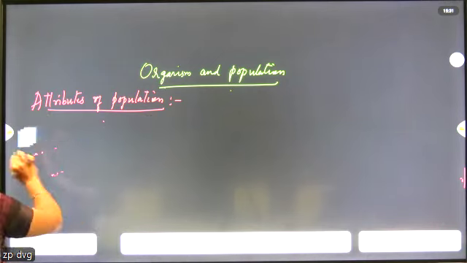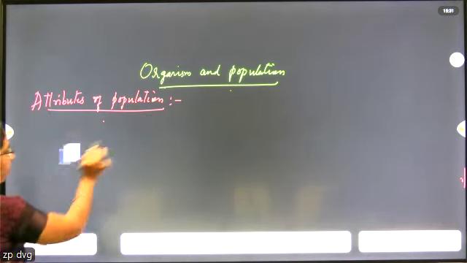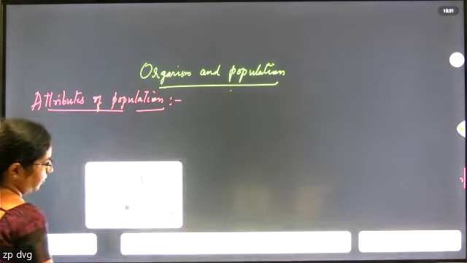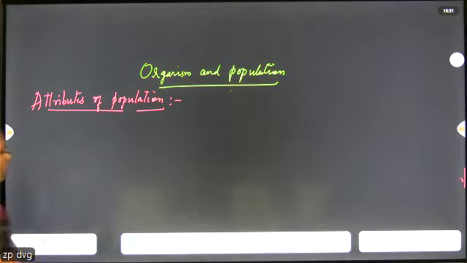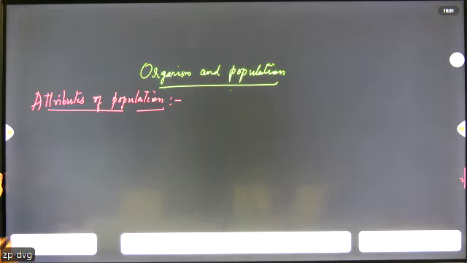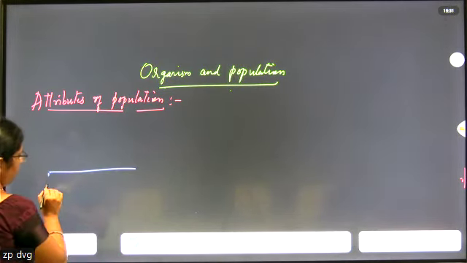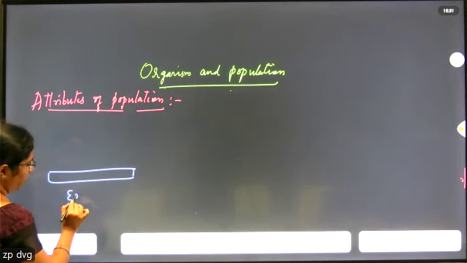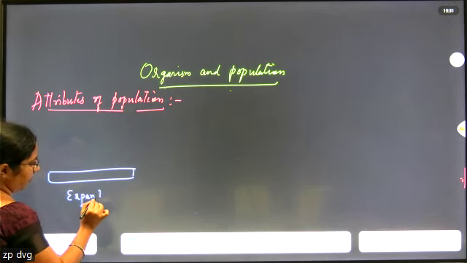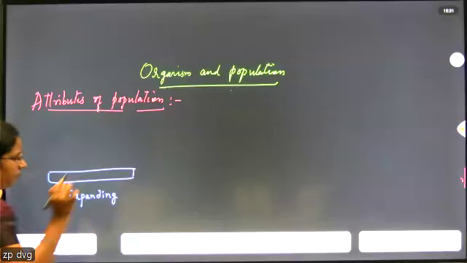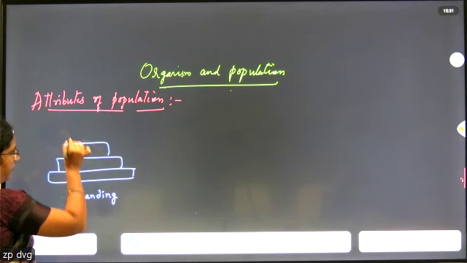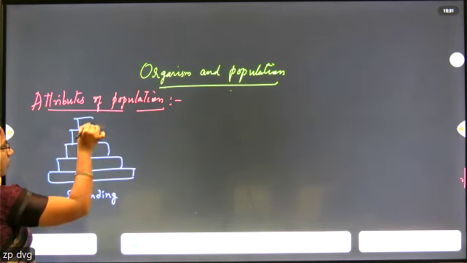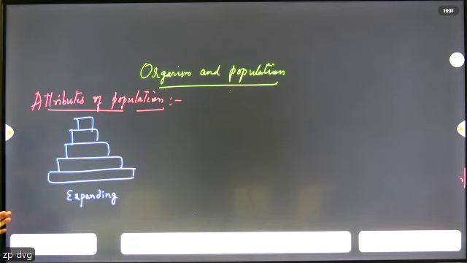Age composition can be explained by using graphical representation. One is like this, the expanding type of age composition pyramid. So it is in such a way. Here we can observe a pyramid-like graphical structure.